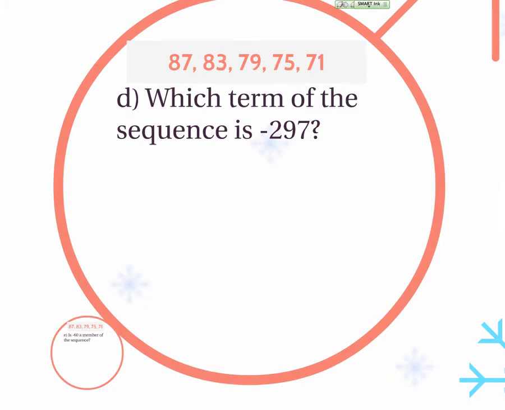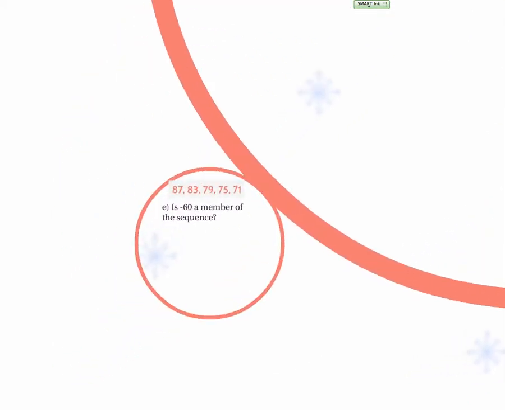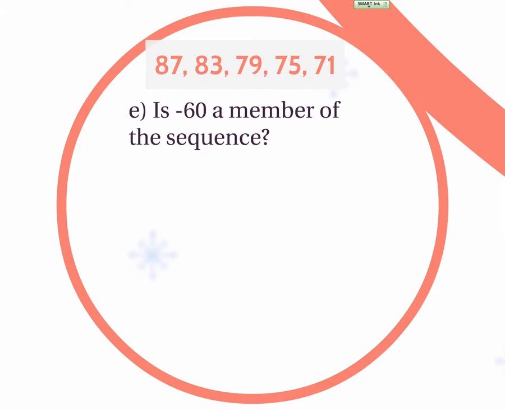So this one's sort of like Taylor's question, because the question is: is negative 60 a member of the sequence? You can't have a negative number if that would have happened. So we set this one up the same way, where we want to know if it's a member of the sequence.